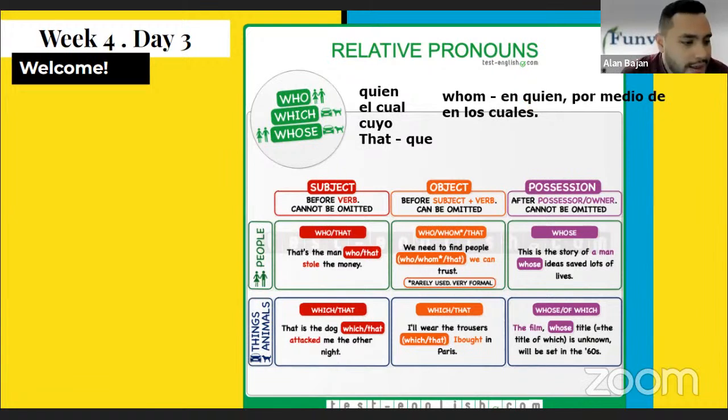Right? This is the first step. Let's learn relative pronouns. Who for people, which for animals and things, that for people and for animals and things, whose for people and animals and things, but indicates possession.